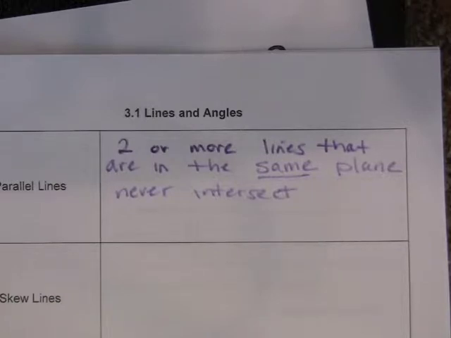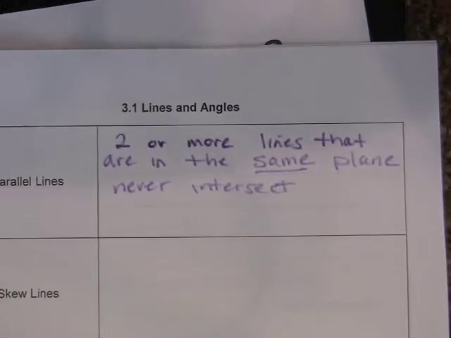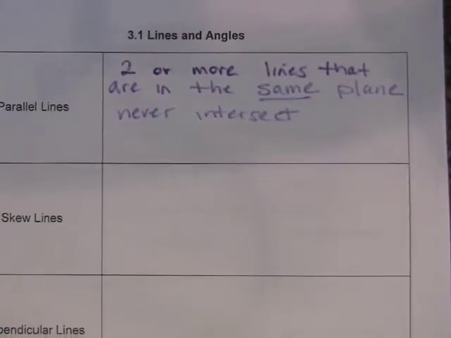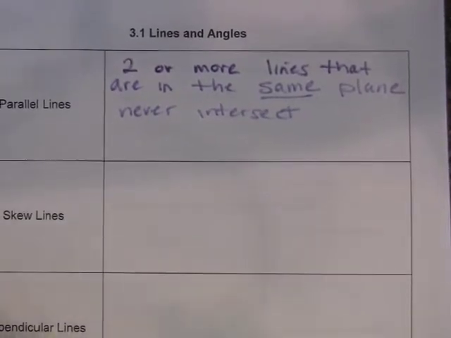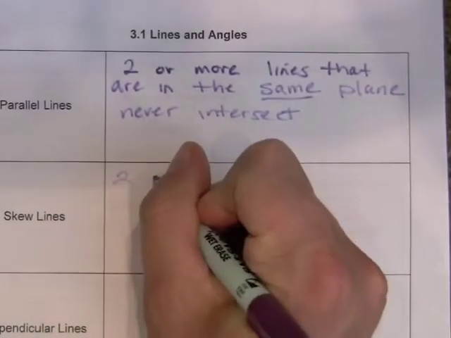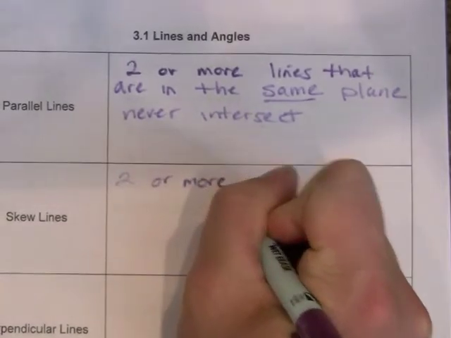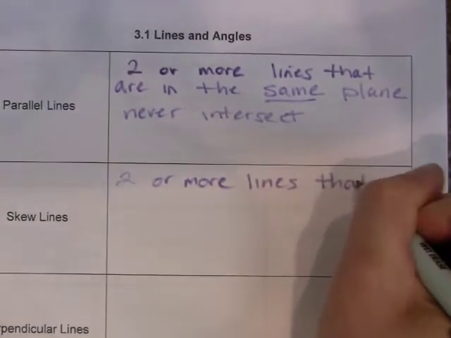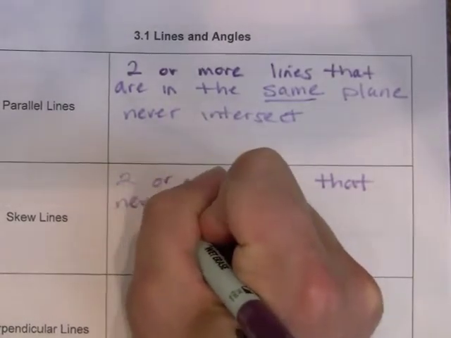Now these are similar and different from what we call skew lines. Okay. So I know a lot of you probably have heard of parallel lines before, but skew lines might be a little bit different to you. Skew lines are two or more lines that never intersect.